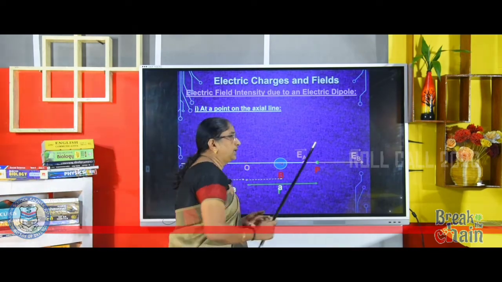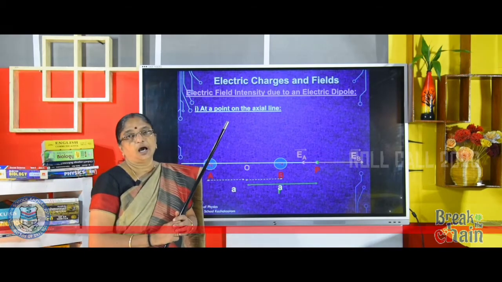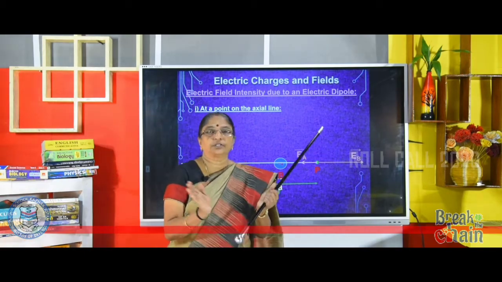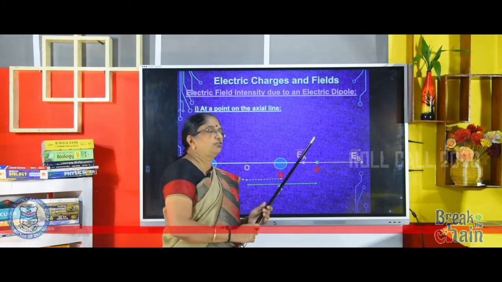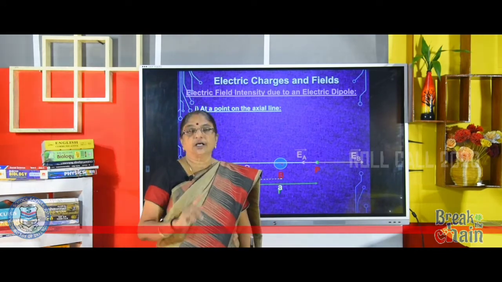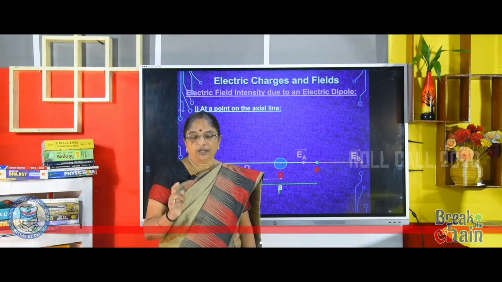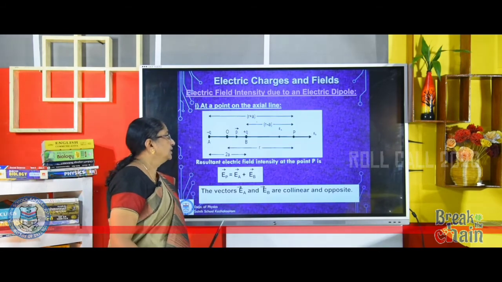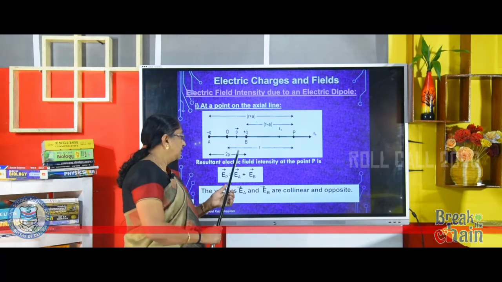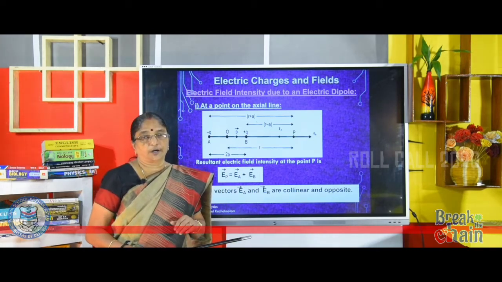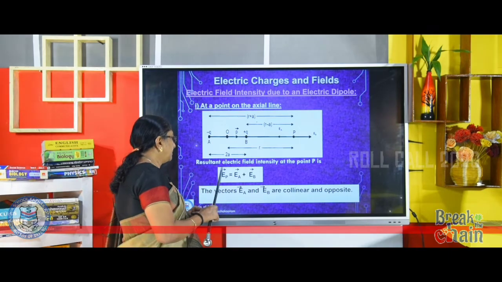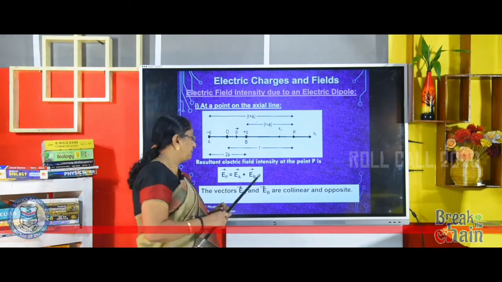So vector EB and vector EA are opposite to each other, and in vector addition, how to find the resultant of two vectors which are opposite? Say this, vector EP equals vector EA plus vector EB, vector addition.